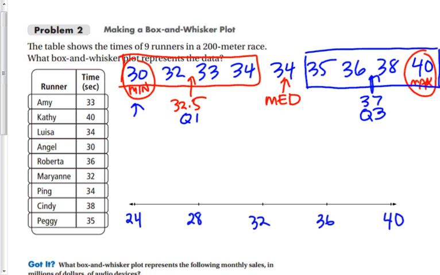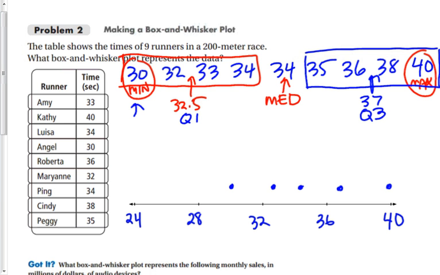So 30 will be halfway between 28 and 32. 32 and a half will be a little bit above 32. 34, halfway between 32 and 36, 37, one above 36, and then 40 is at the maximum.